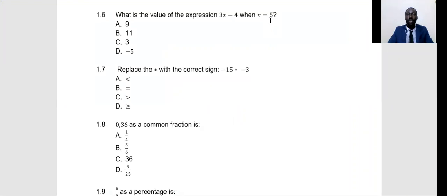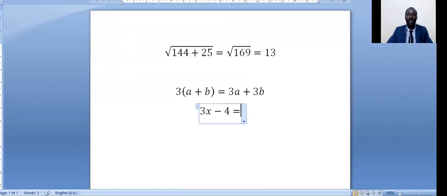So the question is, what is the value of that expression, 3x minus 4, going to be when x equals 5? So now when x equals 5, what we are going to have is 3 times this value of x, which is 5, minus 4.